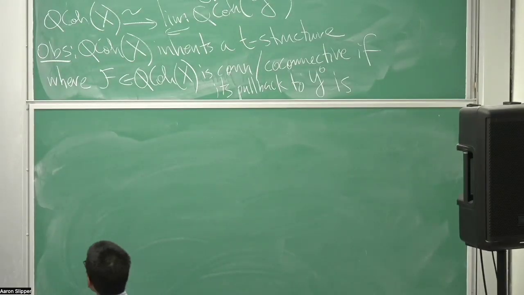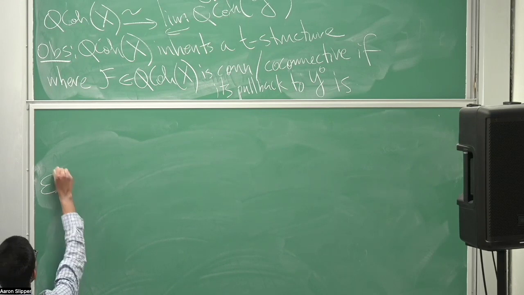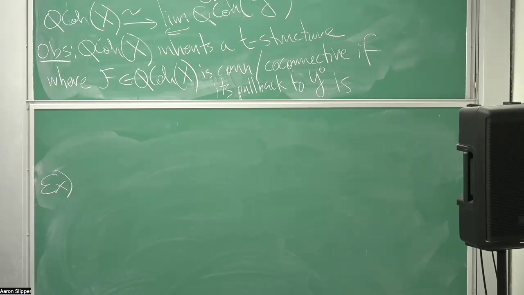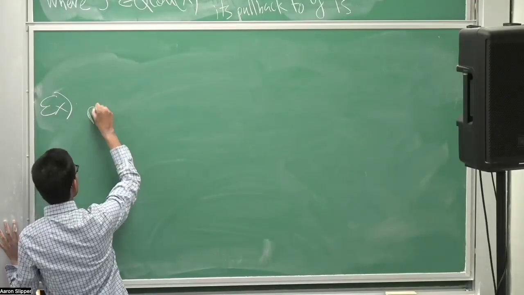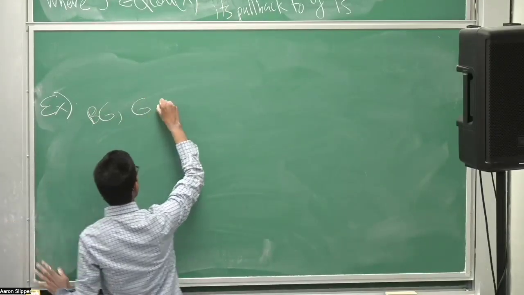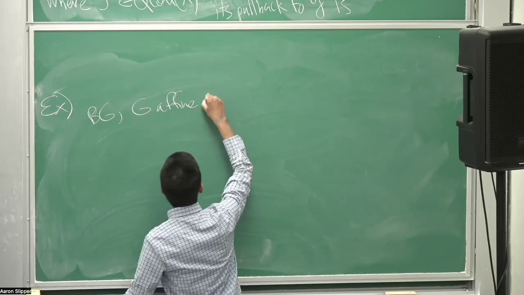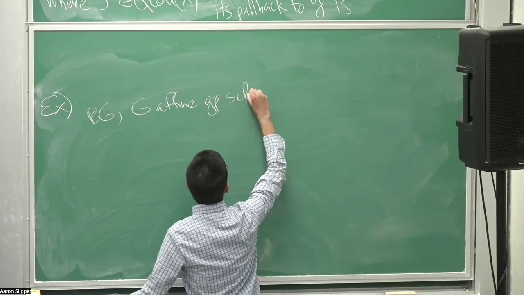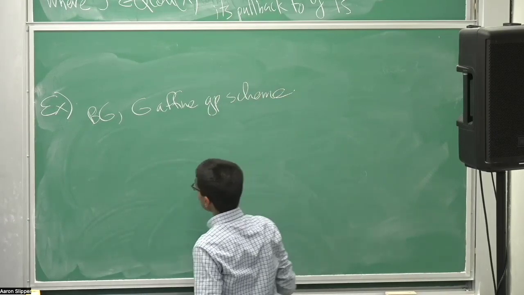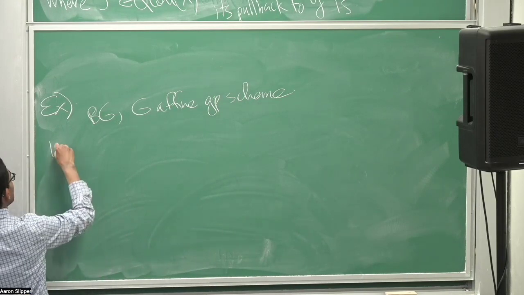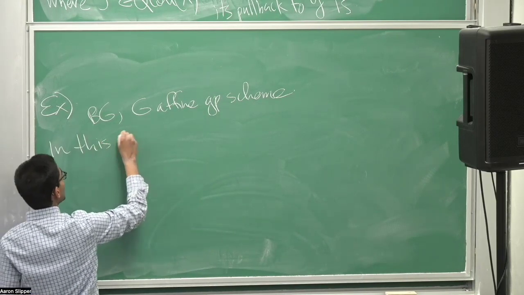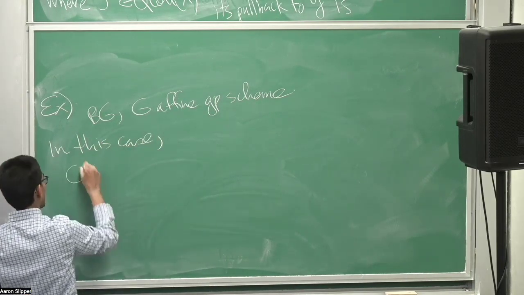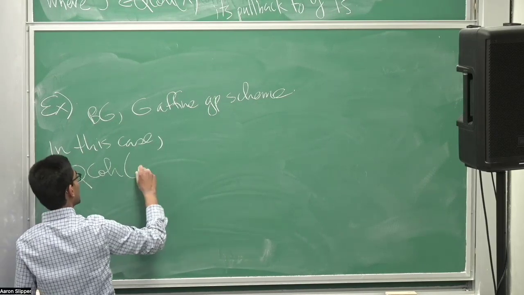Okay, so maybe let me give an example. An example is the example of BG. So again, G is an affine scheme. In this case, QCoh of BG.